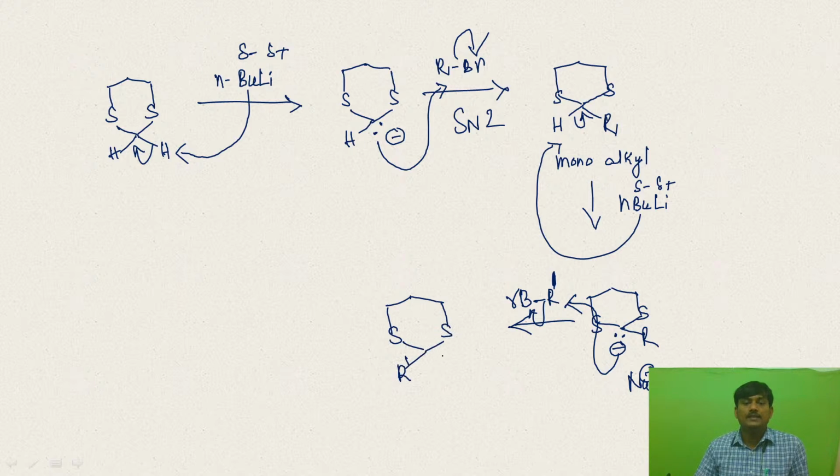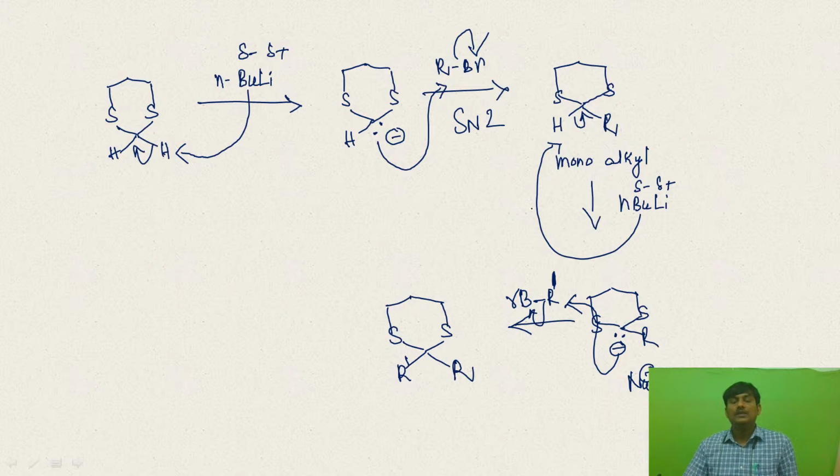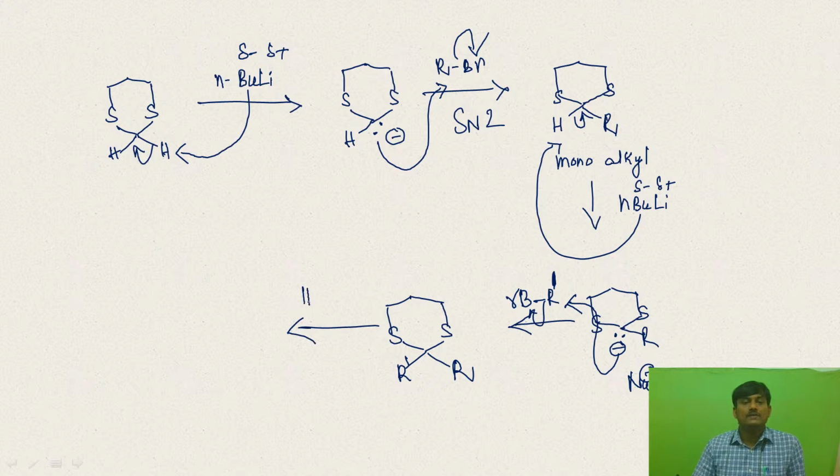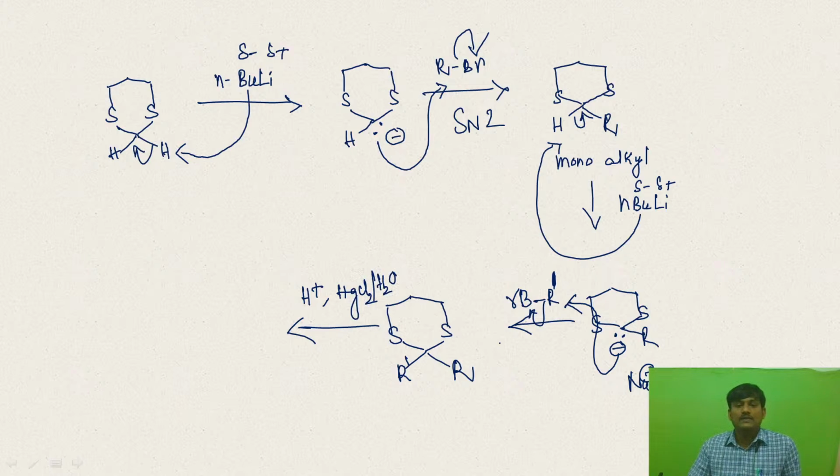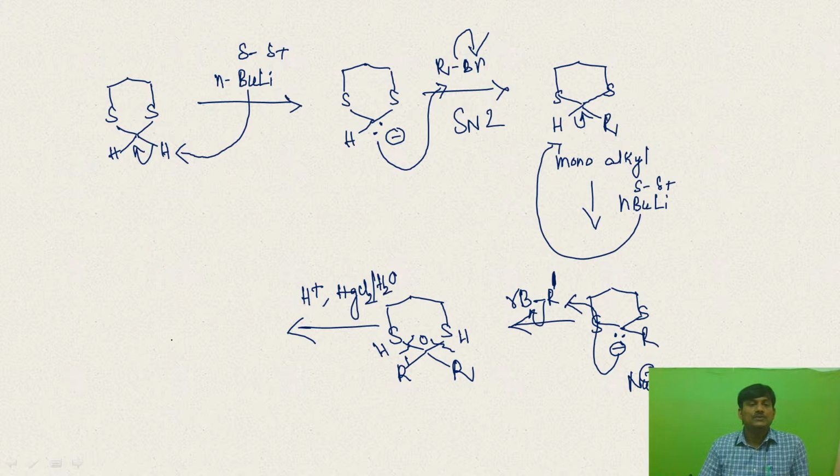This one is R dash and this one is R. Again, you have to perform acidic hydrolysis in presence of mercury chloride. So in acidic hydrolysis, simply here there is hydrolysis. There is an attachment of hydrogen, and here there is an attachment of oxygen to the carbon. So here you will get R dash C double bond O R plus 1,3-dithiol.